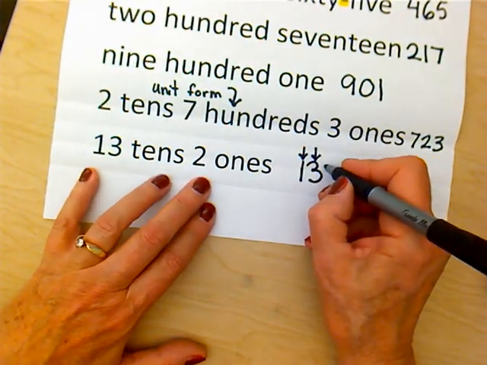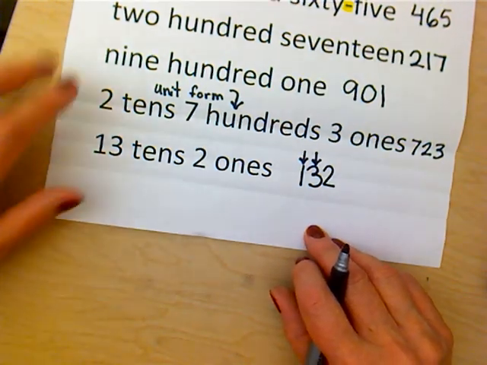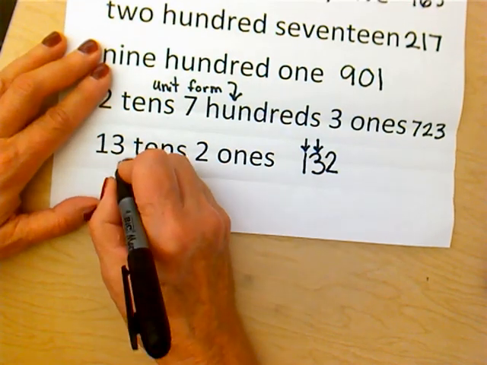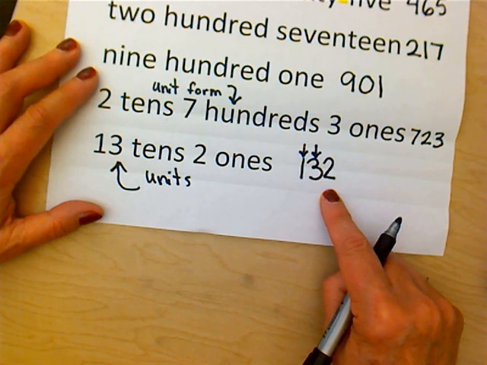And if you added in the 2 ones, you would come up with 132. From unit form, just using tens and not any hundreds, you would still come up with 132.